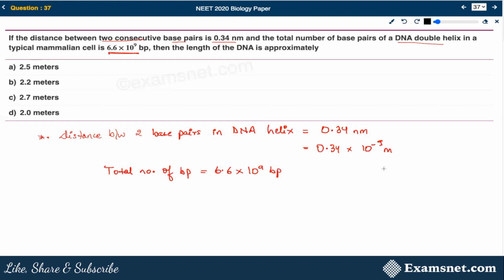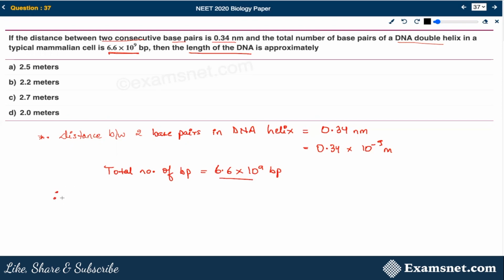All right. So for calculating the length of the DNA, we need to multiply these two factors. That means the total number of base pairs in the DNA along with the distance between the base pairs in the DNA helix. If you multiply the two factors, we will get the entire length of the DNA.